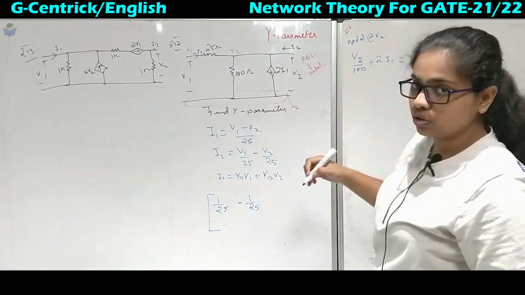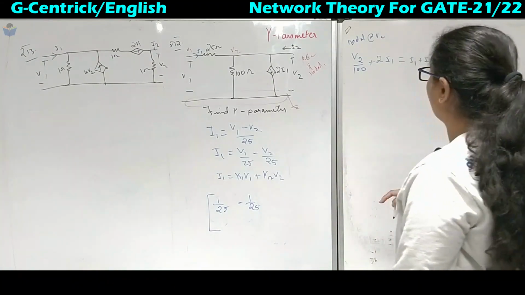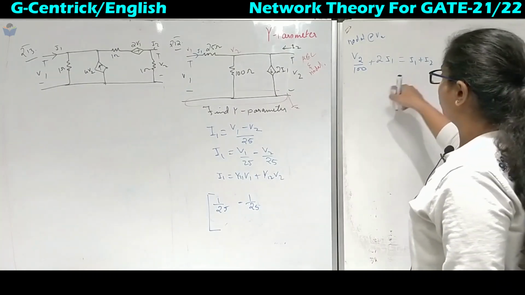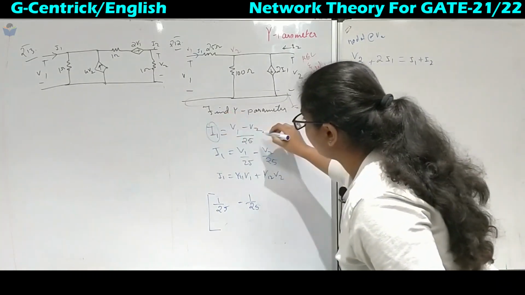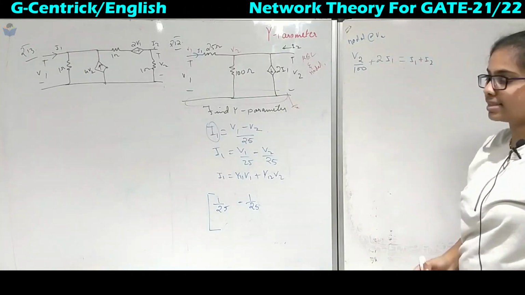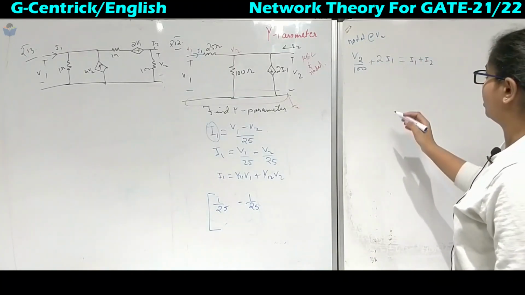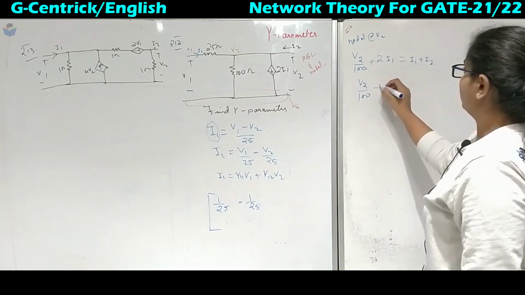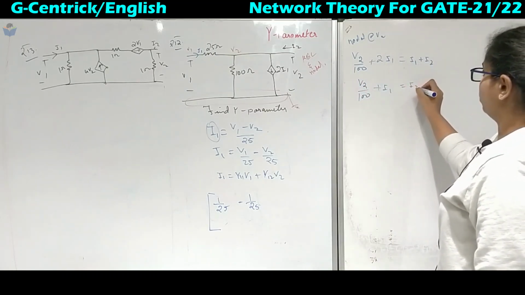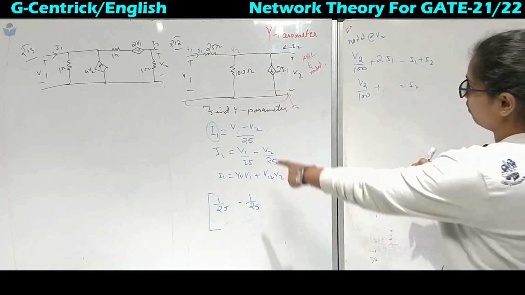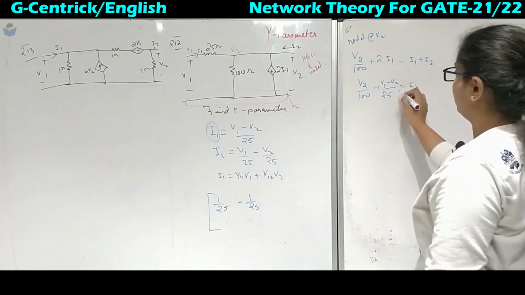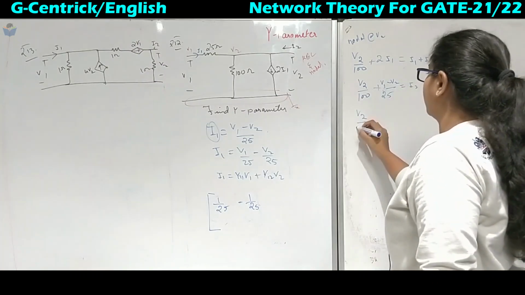We need it in terms of I2, V1 and V2, so we do not need this I1. We have to eliminate this I1. Here we have the equation of I1, and we will substitute this in this equation so that I1 gets eliminated. So before that, V2 over 100, we will simplify this one. In place of this I1, I will write V1 minus V2 divided by 25. So the LCM will be 100.